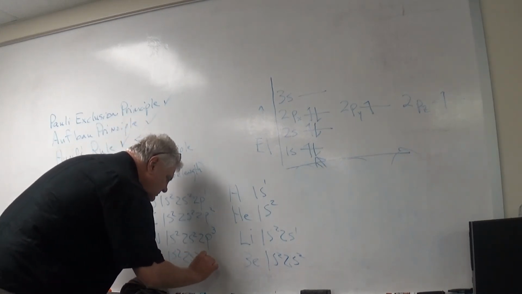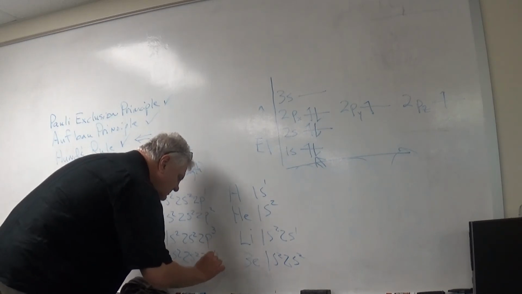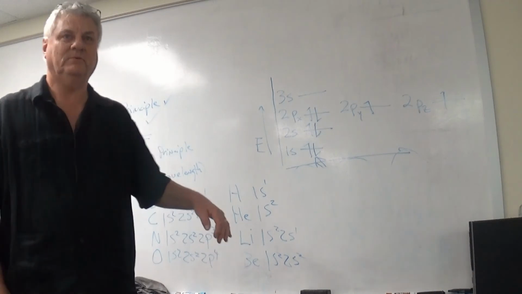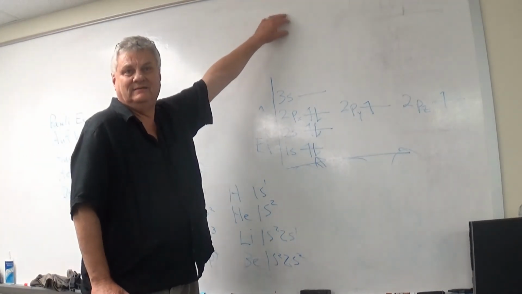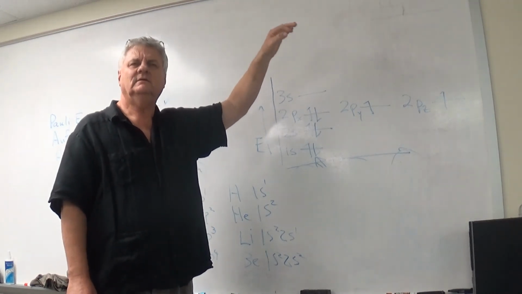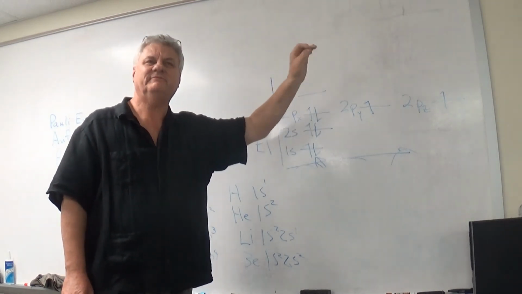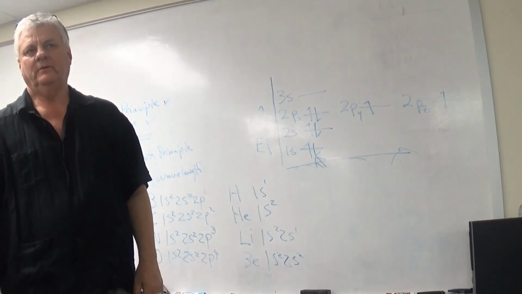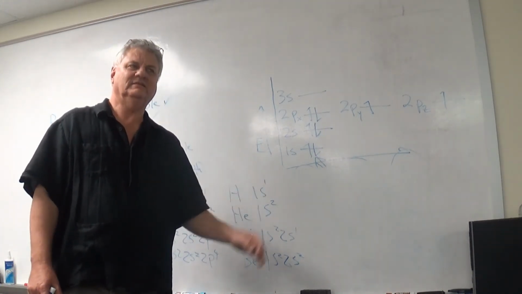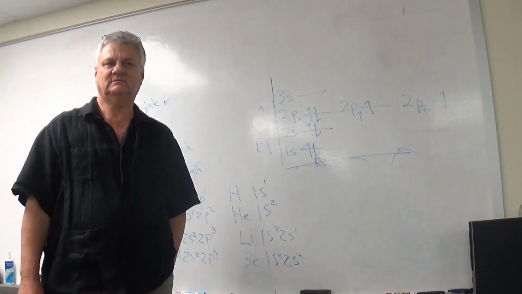So Hund's rule only refers to the p orbital? Well, it also applies to d orbitals, but we're not going up that high. Just for p. Whenever you have orbitals that have the same energy, you put one electron in each of them first before you pair them, except that I don't want to get too much into the d orbitals because they play tricks.